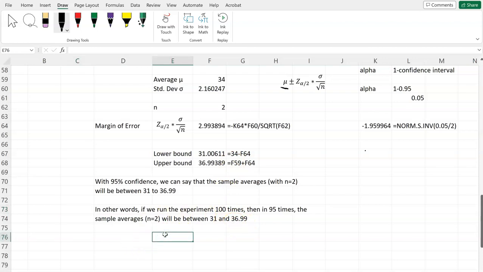If I knew the population mean, this is where 95% of the time our sample averages are going to lie. So even though I may not know the population average, by repeating the experiment or the survey over and over again, I can get closer and closer to the population mean.